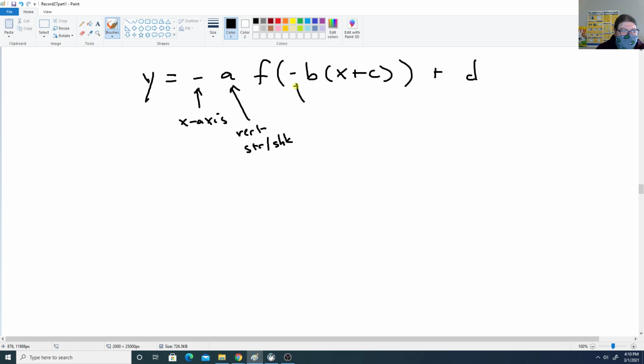The negative in here will do a y-axis reflection. The b here will do a horizontal stretch or shrink. The c out here is going to move stuff left and right. And the d out here will move things up and down.